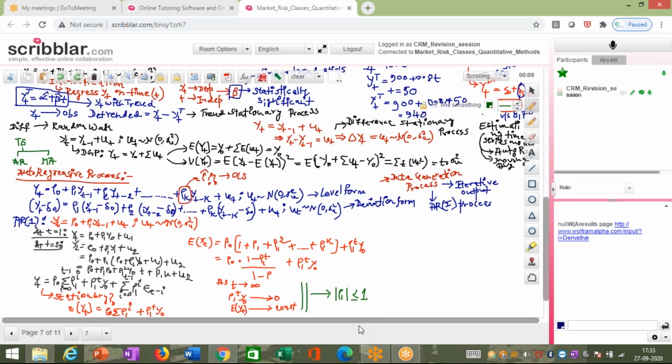So if the rho is unity or less than or equal to 1, then the expected value of yt, or the mean, converges.